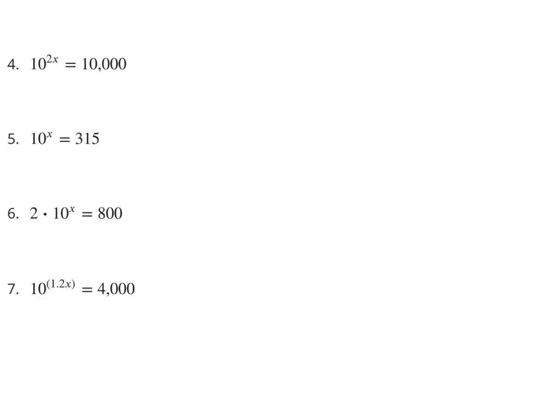Okay, looking at some more. What I'm going to do with this one is I'm just going to write log instead of writing log base 10, because log without the 10 means log base 10. 10,000 equals 2x. We know that log of 10,000 is 4, so 4 equals 2x. Divide by 2, x equals 2.